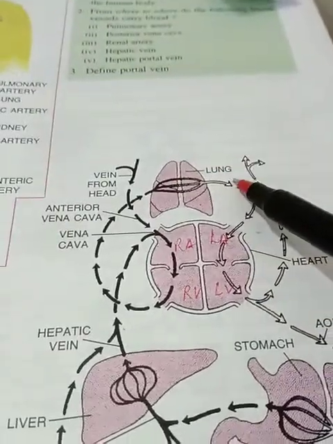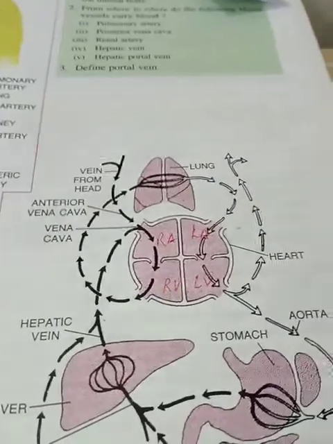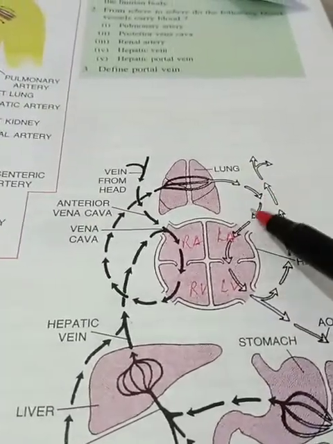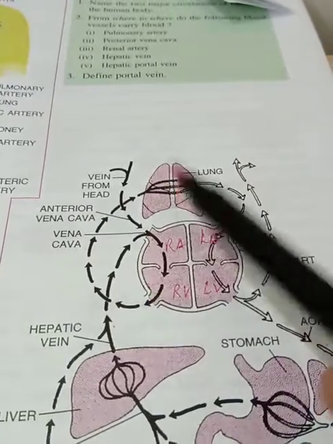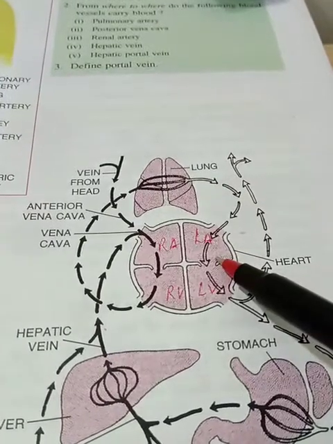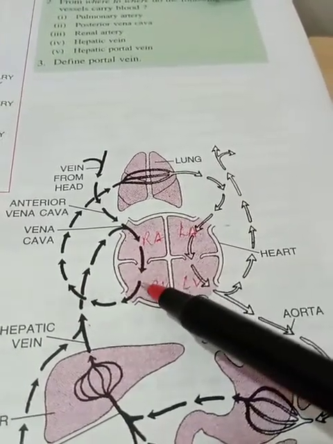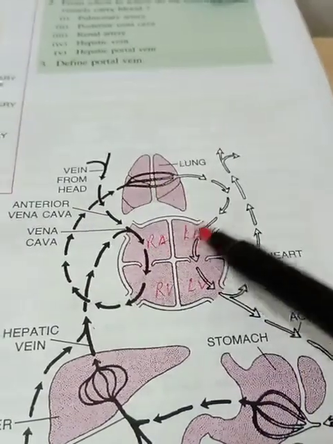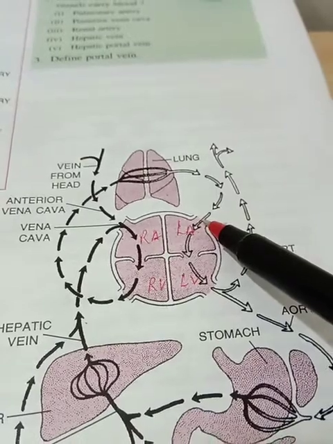And now the oxygenated blood is returning to the left auricle from the lungs through the pulmonary veins. Remember, the pulmonary artery takes the dirty or deoxygenated blood and the pulmonary vein is the only vein which carries oxygenated blood. So this circulation starting from RV to LA, right, through the lungs is called pulmonary circulation.